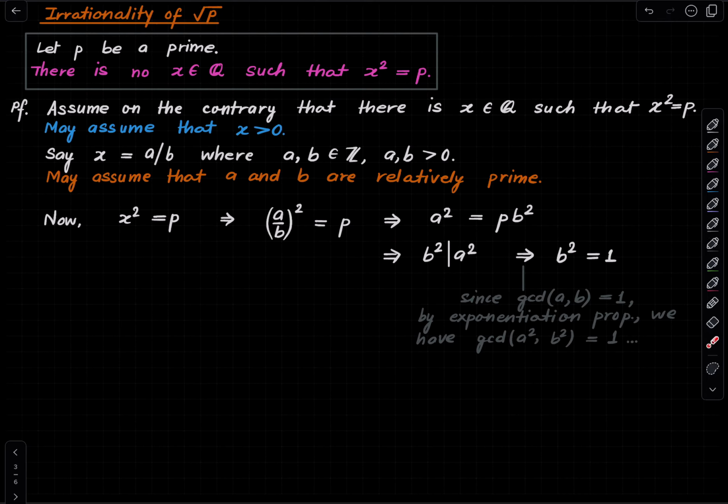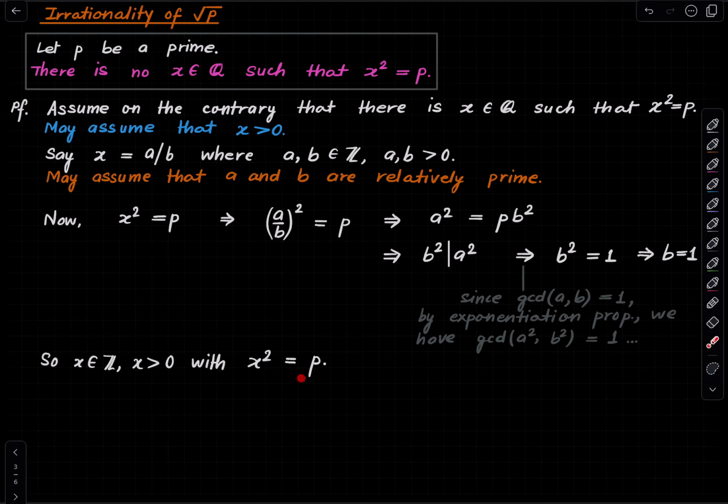Once you know that the GCD of these two numbers is 1, and at the same time this one divides the other one, the divisor should be equal to 1. That is clear. Which implies that b is actually equal to 1 because b was positive. So what does that mean? It means that x is actually an integer. So x is a positive integer with x square equals p.